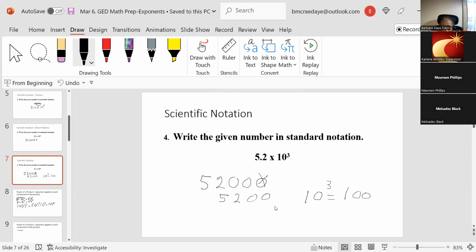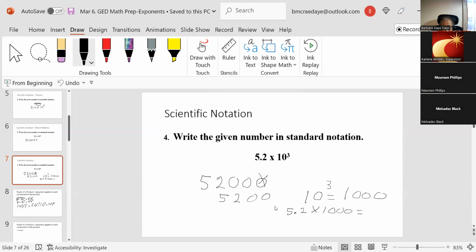And what's 5.2 times 1,000? What is this equal to as a number? 5.2 times 1,000 equals what? Okay, the same answer, 5,200.